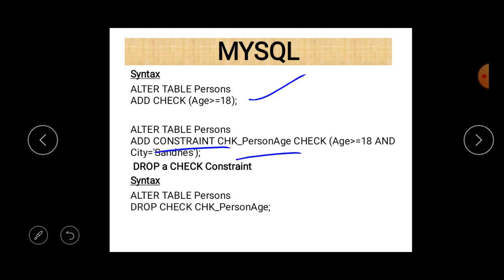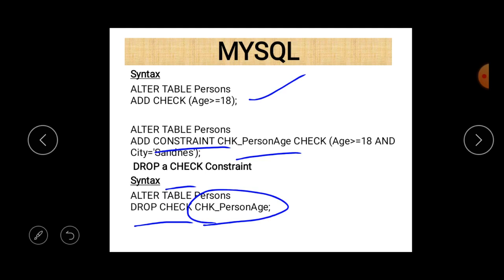Here the name of the constraint is chk underscore percentage, and by using this we are able to easily delete the constraint later on in our DBMS. Why? If you want to drop a check constraint, then for that purpose just write alter table persons drop check, and then the name of the constraint, and the name of the constraint is chk underscore percentage.